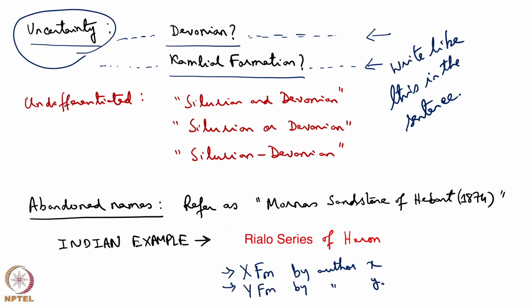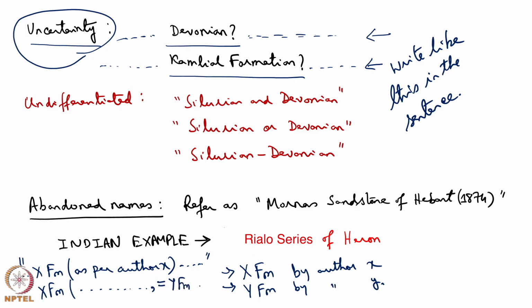Suppose a structural geologist is working, not interested to get into the stratigraphy, it will be recommended to write and then continue. Or we may choose X Formation as per author X, comma, which is same as, so equal to symbol, Y Formation of author Y, and then continue the sentence.